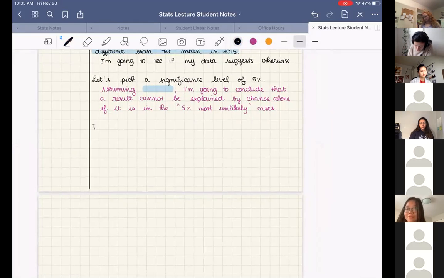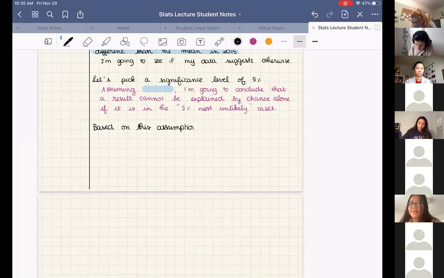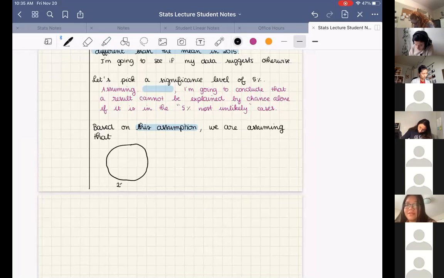Now, based on this assumption, the assumption that there is no difference between the two means, we are assuming that in 2020, so this is my population in 2020, the population mean is 177.